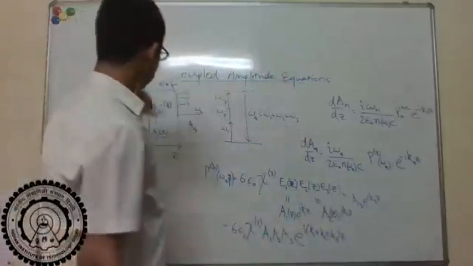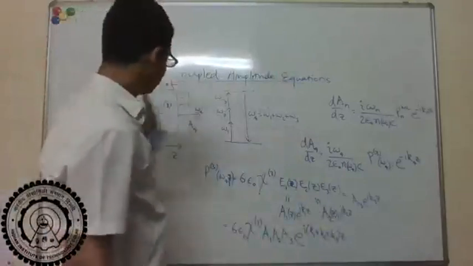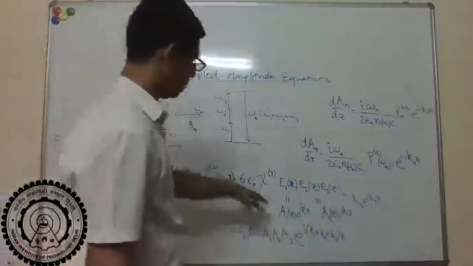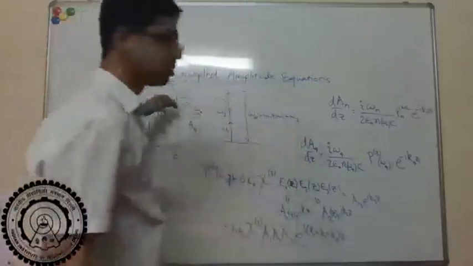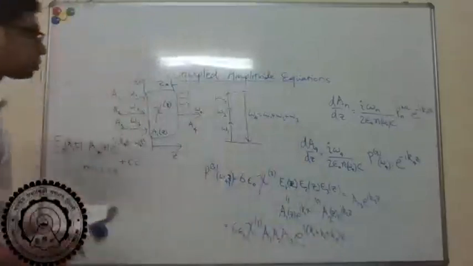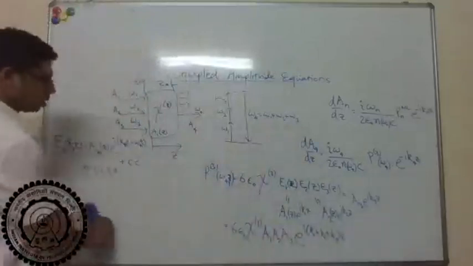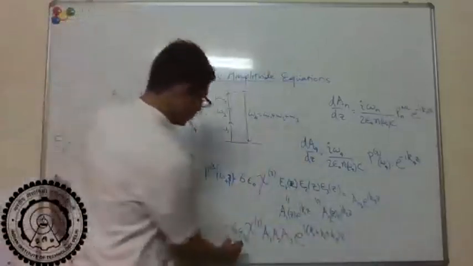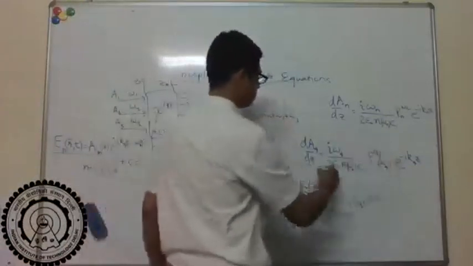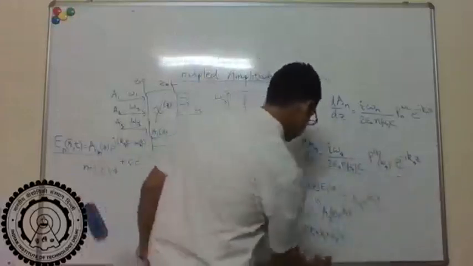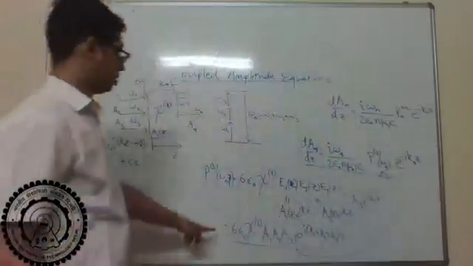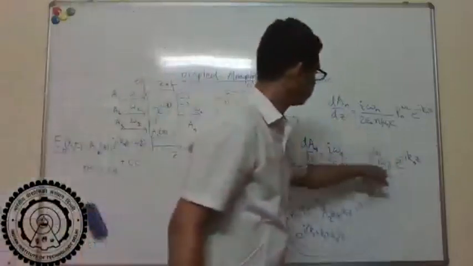So the polarization induced in the medium also, of course, varies with z, and there is periodicity and phase associated with the nonlinear polarization also. So basically, now we plug in this nonlinear polarization P3 into the propagation equation here.